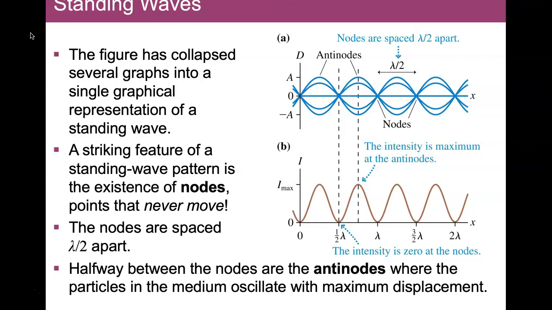Okay, so that's our picture. And the antinodal points are exactly halfway between the nodes. So if you think about the intensity, we know that the intensity is proportional to amplitude squared, right?